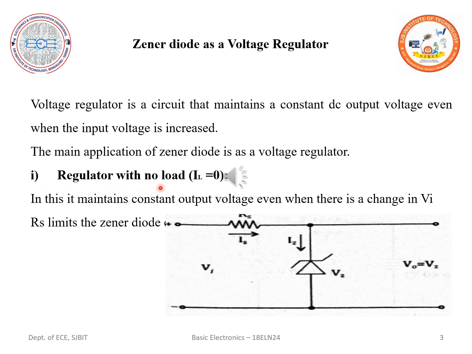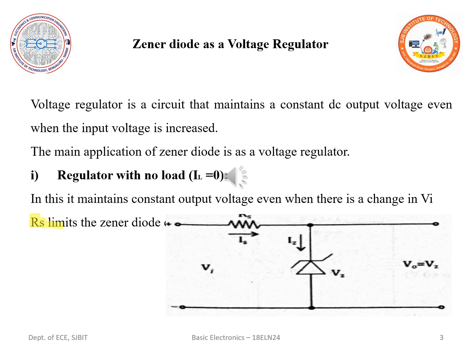Whenever we use a regulator in the no load condition, I can say my IL, that is the load current, is always equal to 0. Here we maintain a constant output voltage even when there is a change in the input voltage. Since I am going to vary my input voltage, there should be a limiting resistance, which we call RS.